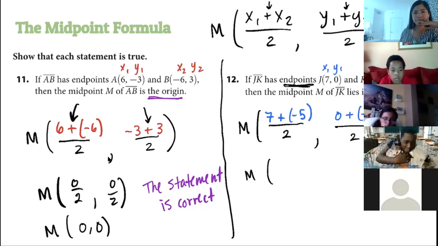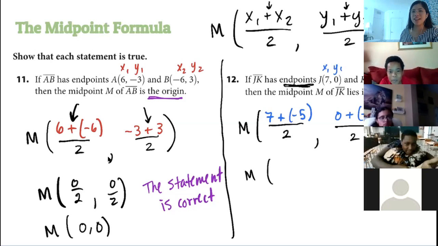Nobody say the answer. I got this. I want to say it. Tyrone, you got 3 seconds, and then Daniel can say it. Is it 0? How are you going to get 0? 7 plus -5, how are you going to get 0? I don't know. Daniel?